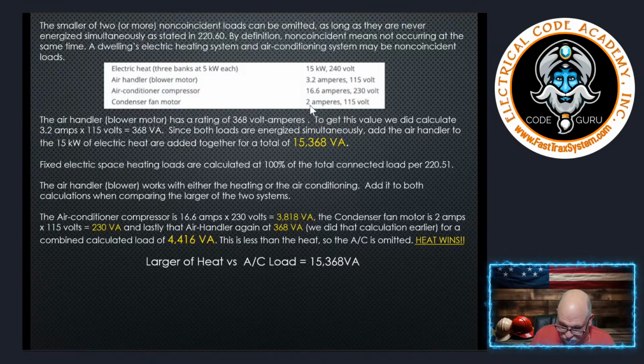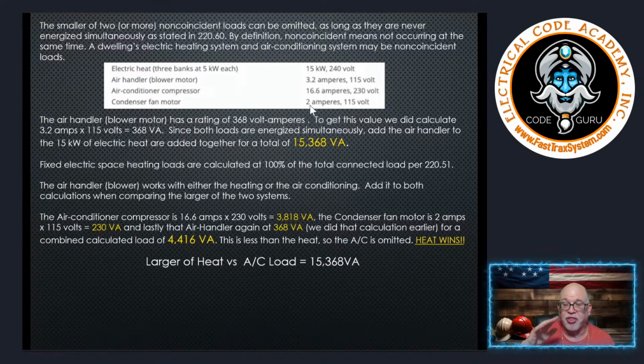So I'm going to take that 3818 times 1.25, which is 4772.5, plus 230 plus the 368. That is 5,370.5.